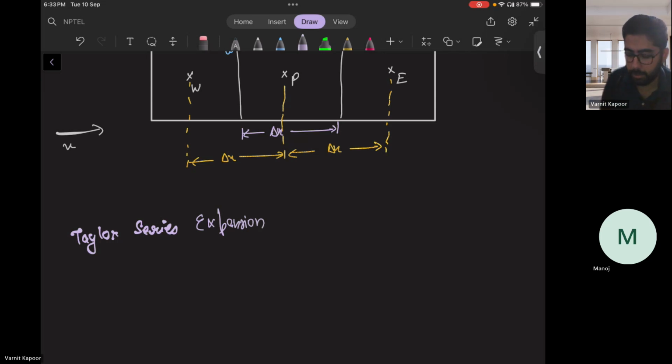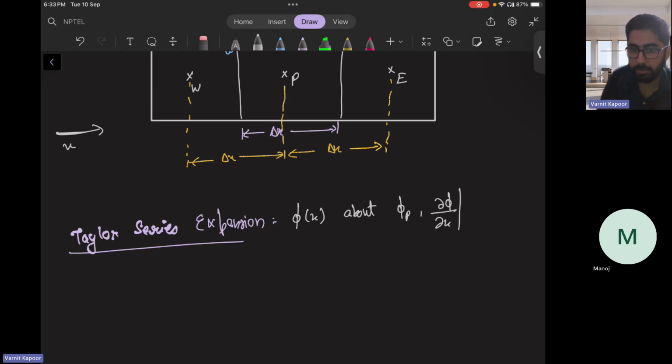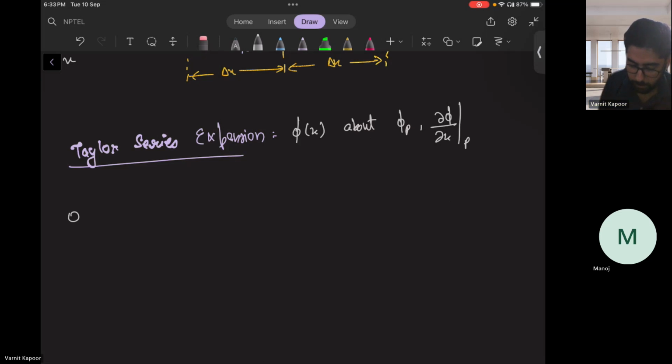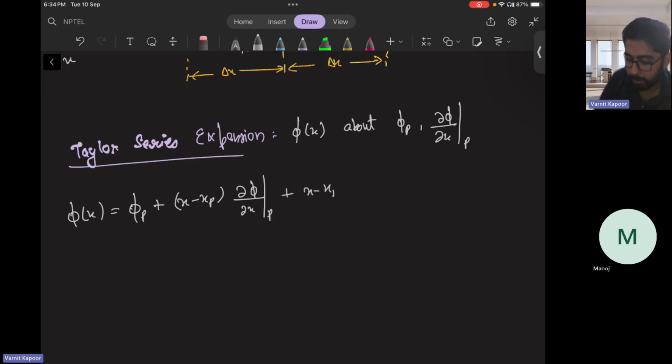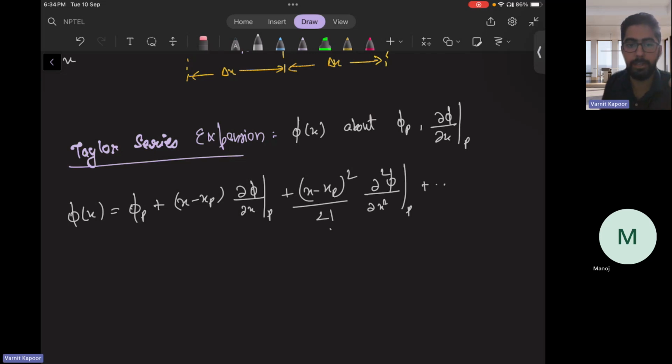Phi of x about phi P, at the point P, with respect to the node P. So phi of x can be written as phi of P plus (x minus xP) into dou phi by dou x of P plus (x minus xP) whole square by 2 factorial into dou 2 phi by dou x square about P. Just a simple Taylor series expansion we are doing.